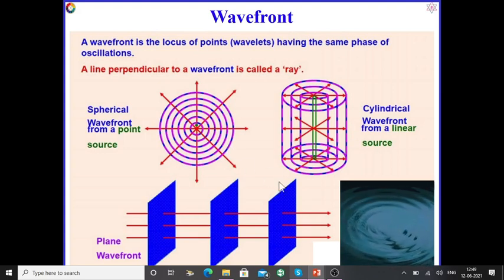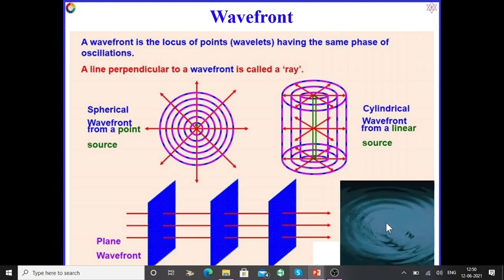Here I am going to represent the different types of wave fronts. Spherical wave fronts: if you watch from the side of the pond, you can see some circular disturbance propagating throughout the pond. This circular thing is called the so-called wave front.